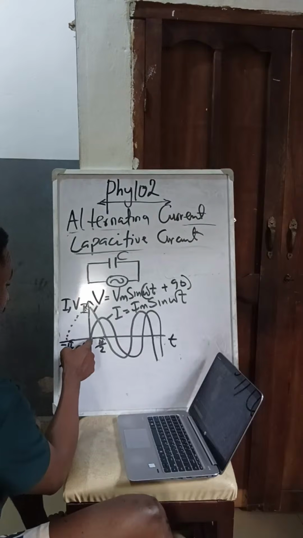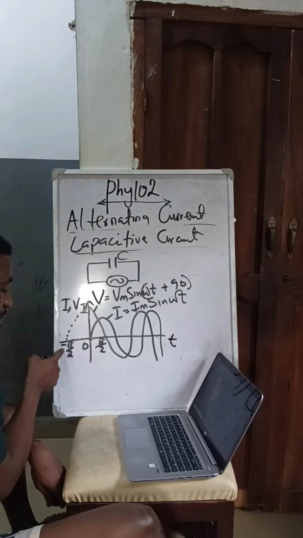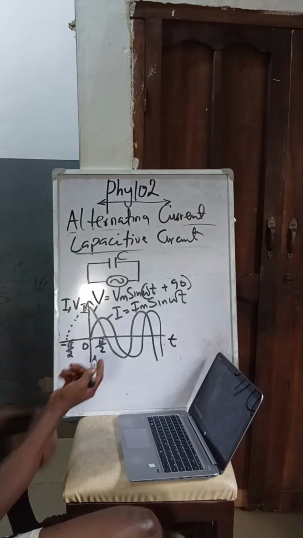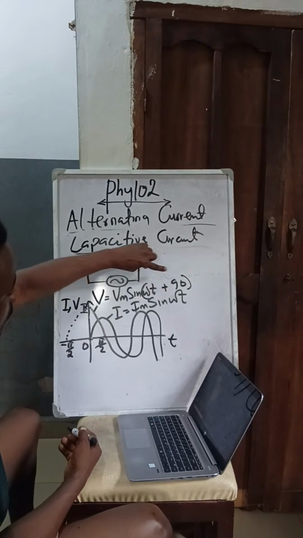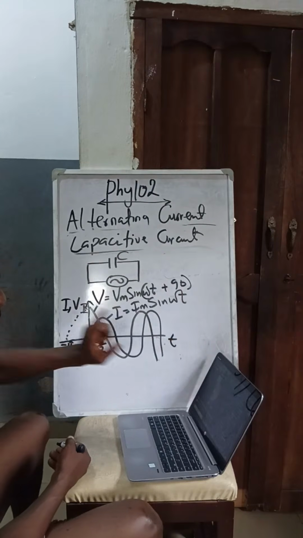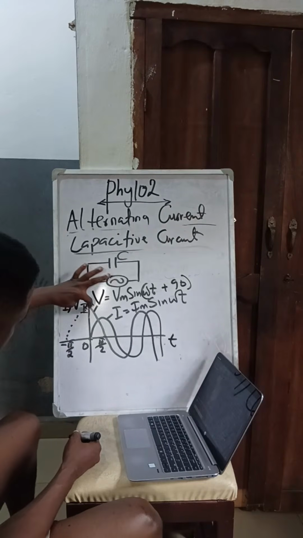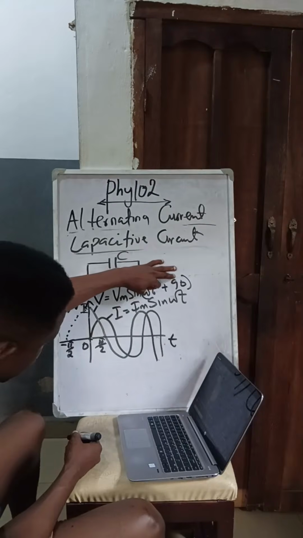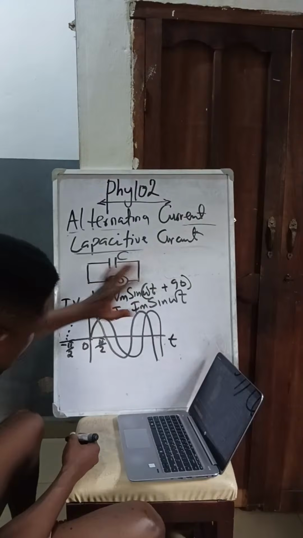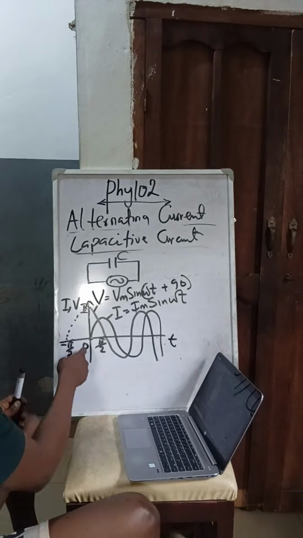So current has already started from 0 before voltage starts from 90 degrees, but is lagging behind. That is why you see plus pi over 2 here. You have already added 90 to voltage before current even starts.